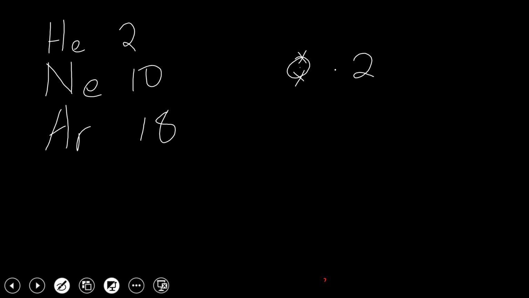So let me first explain this. Helium has the atomic number of 2. It means the inner shell takes a maximum of 2. Then when we talk about neon, it has 10. It means the inner shell takes a maximum of 2, then we are remaining with 8.